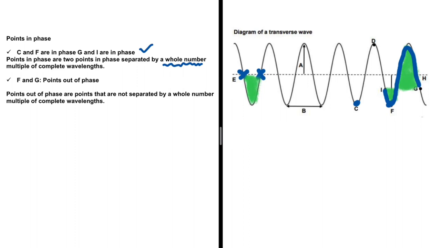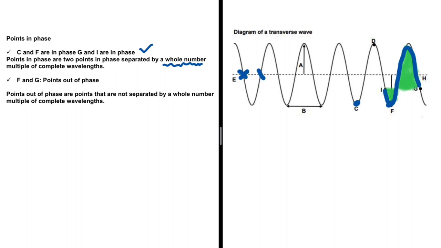Half is not a whole number. So we cannot say that they are in phase because they are not separated by a whole number of complete wavelengths. They should be separated by one wavelength, 2, 3, 4, 5, 6, on and on, but not 2.5 and not a half. That's not a whole number.